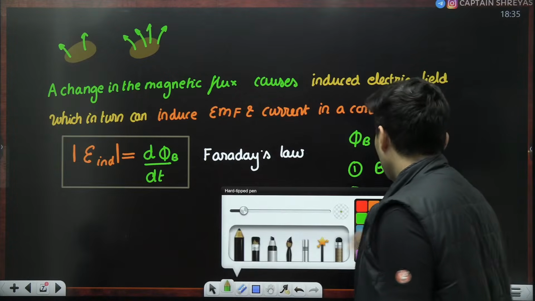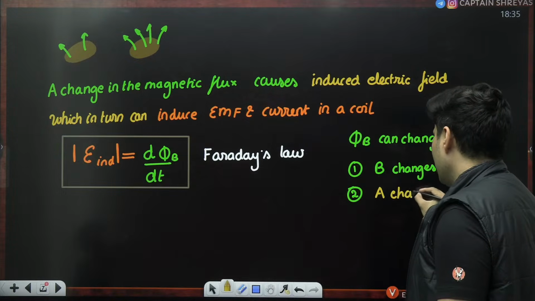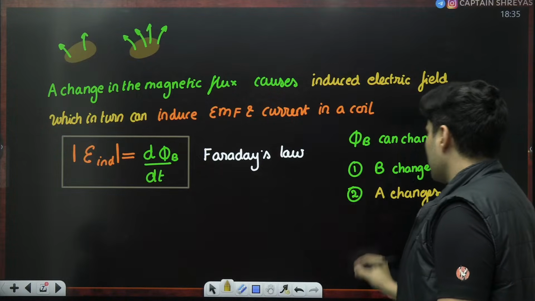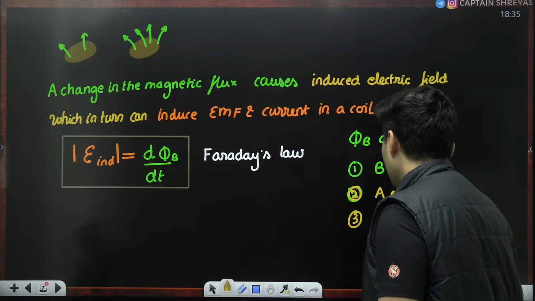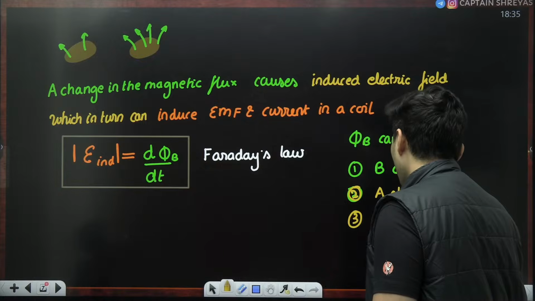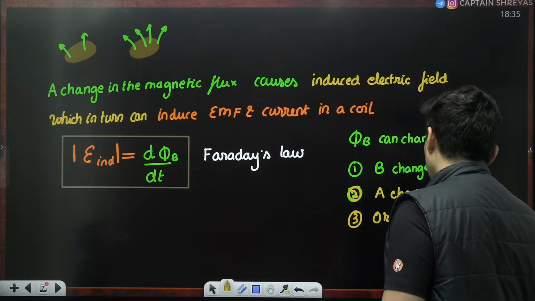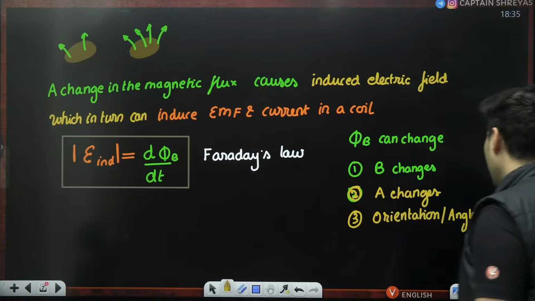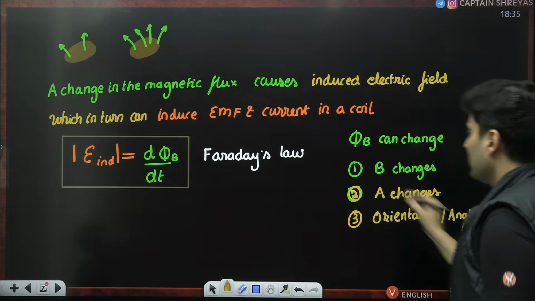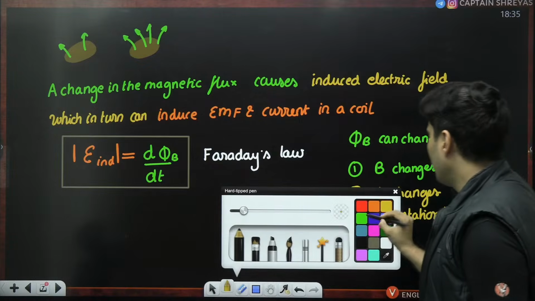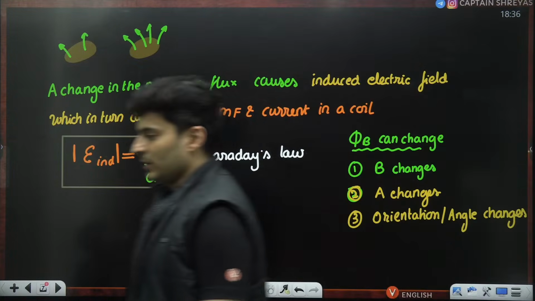Number two, the area changes. And the third possibility is the orientation, basically the angle between the field and area will change. Any of these three things will change the flux, and because the flux changes, it will create the EMF.